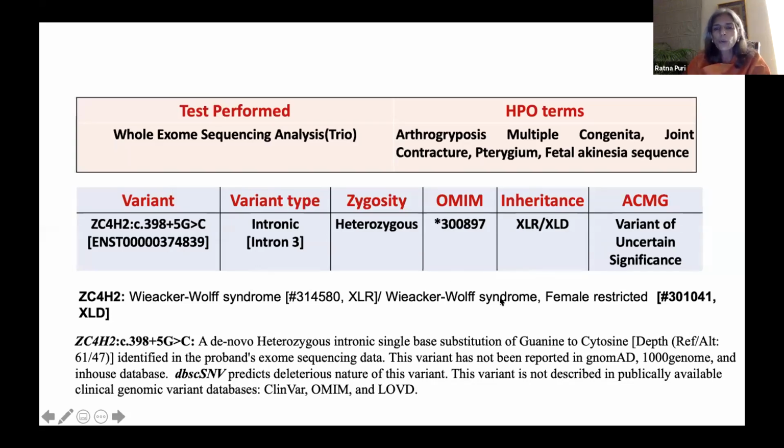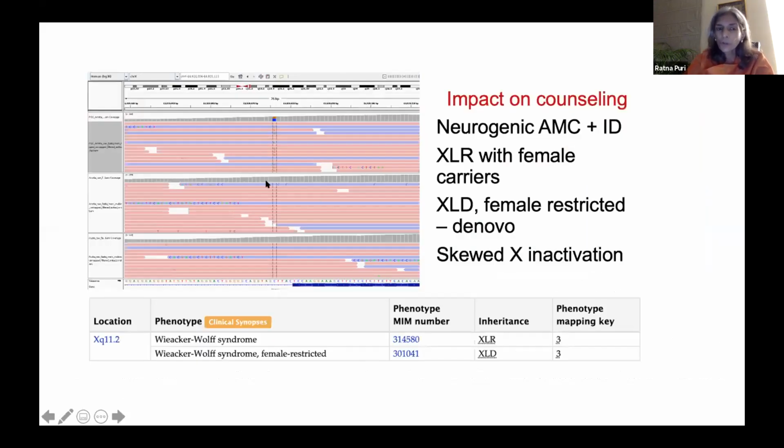It then caused what is referred to as Weicker-Wolff syndrome. I don't think the name is important, but what is important to understand is that this phenotype is like a dominant phenotype with a gene on the X chromosome, which is why it's referred to as female restricted. Because we had done a trio exome sequencing, you can see here the fetal sample with the change or the mutation, but the parent sample is normal.